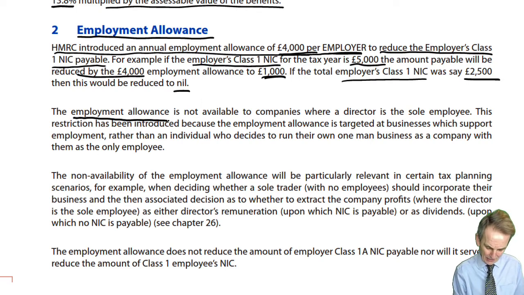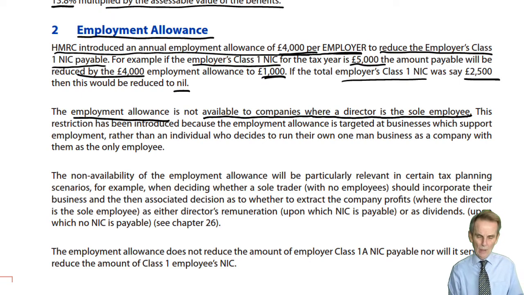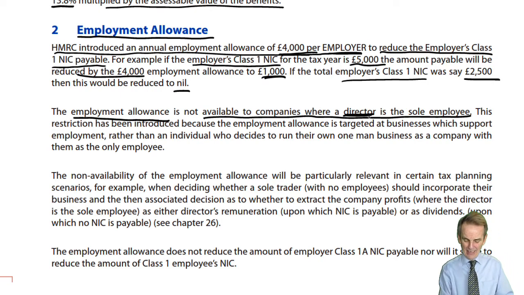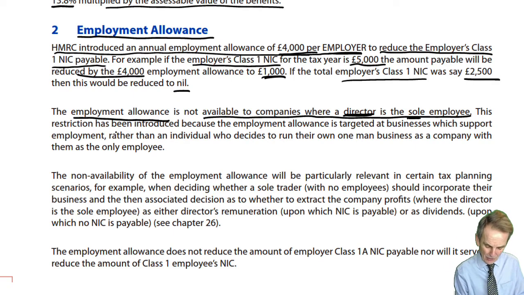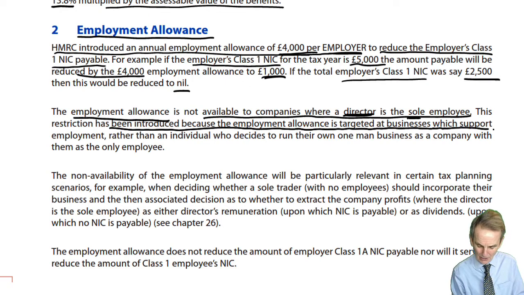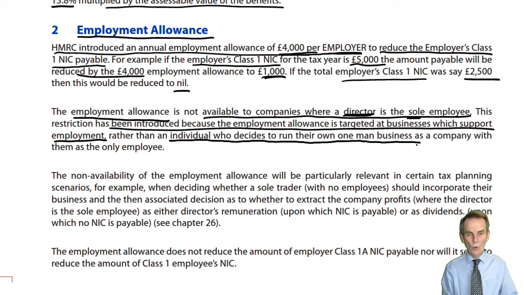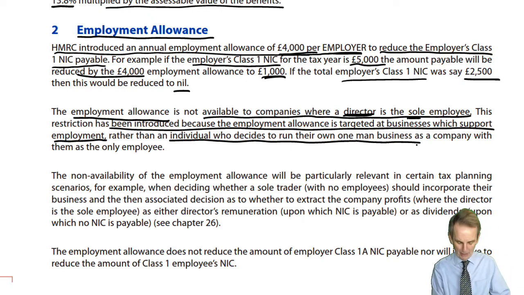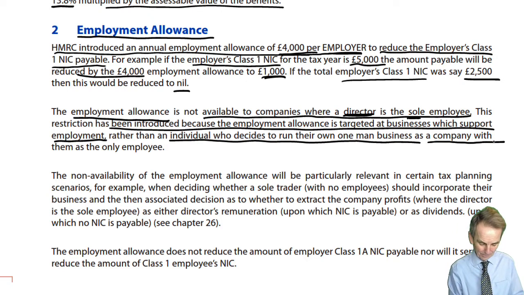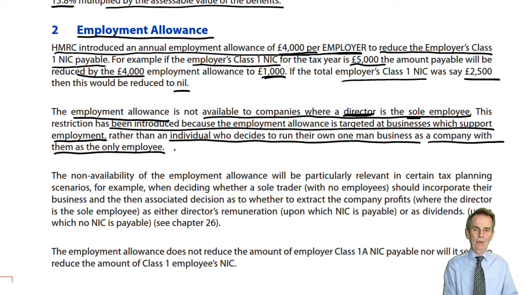That employment allowance, however, is not available to companies where a director is the sole employee. Now, this is companies because we're talking about a director here, where a director is the sole employee. The reason for this restriction is that the employment allowance is targeted at businesses which support employment, rather than an individual who decides to run their own one-person business as a company, with them as the only employee.